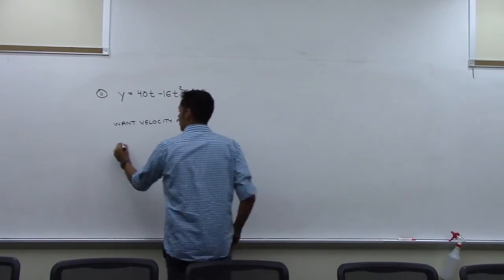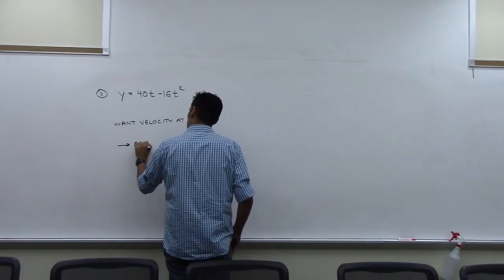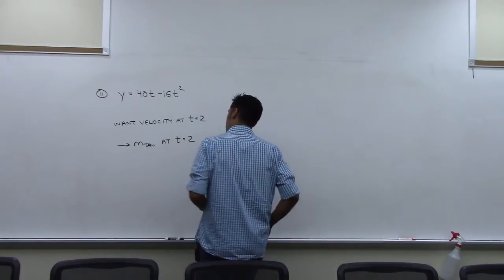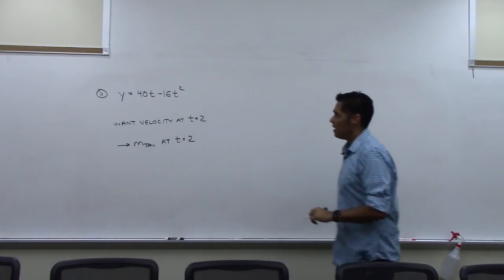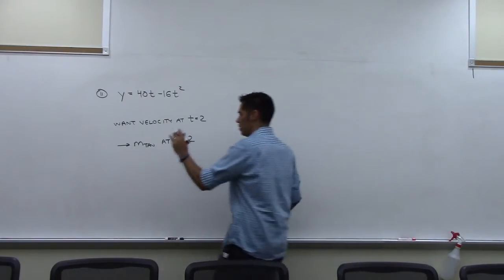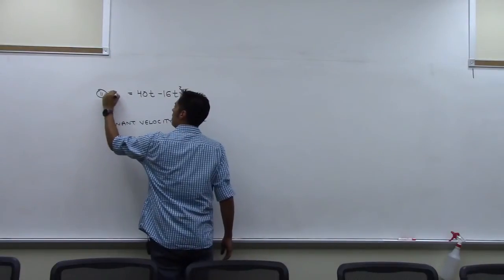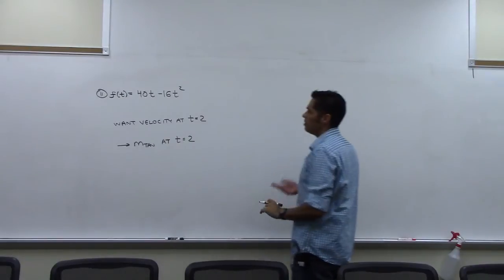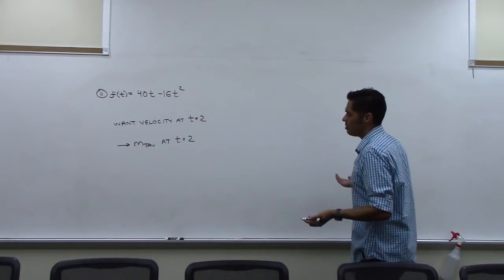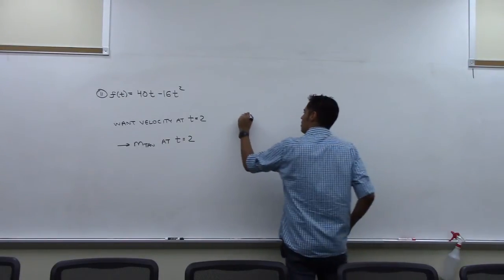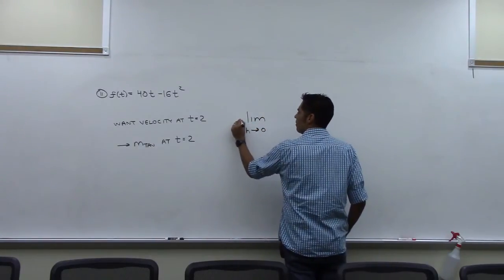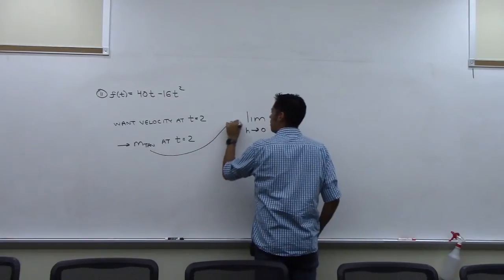In other words, what they want is the slope of the tangent line at t equals 2. Which means that I can rewrite this as a function first. I'm going to call it f of t, not f of x. Notice that our variable is t. And then I can use either one of the definitions to come up with the slope of the tangent line. I'm going to use this one, limit as h goes to 0. So this slope of the tangent line will be this.